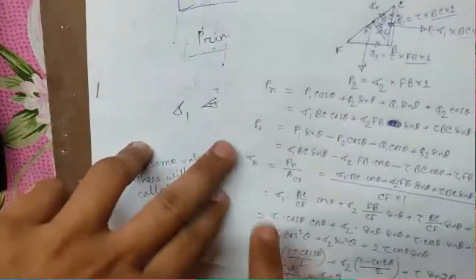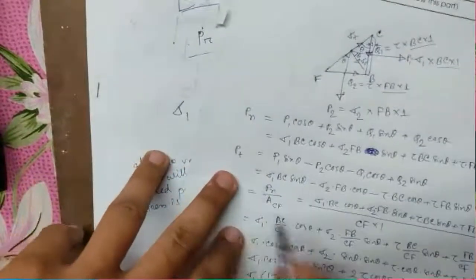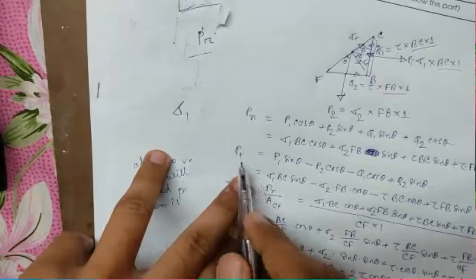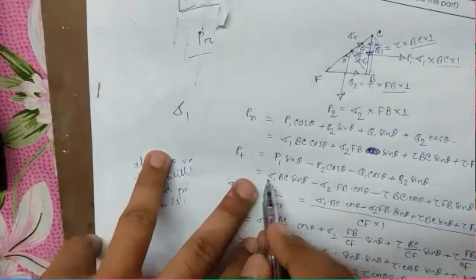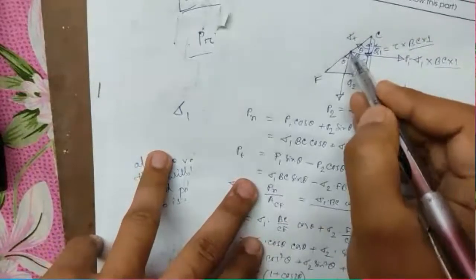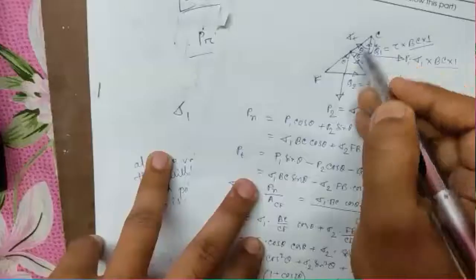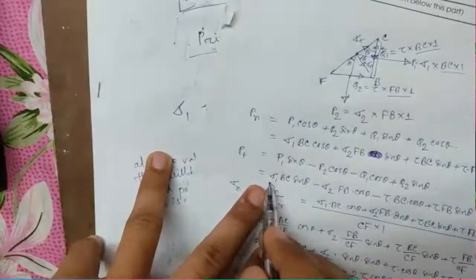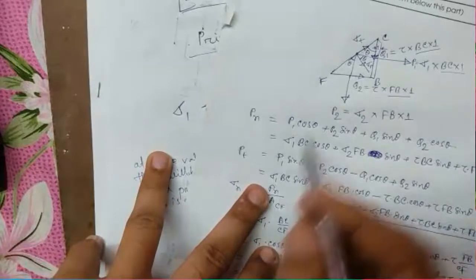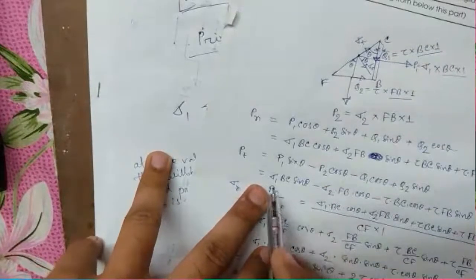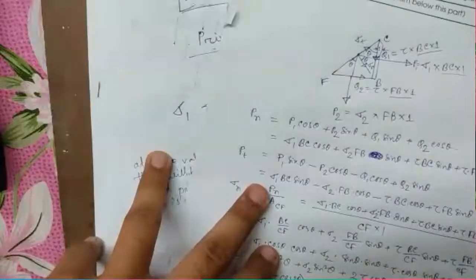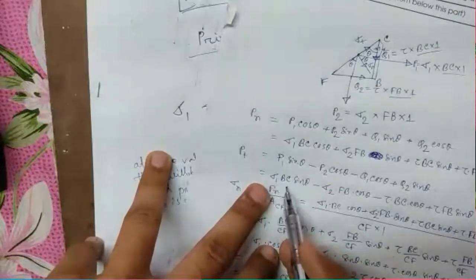Tangential stress we can find out similarly using this equation Pt. If the force is known, then along this tangential direction, you just divide this value of Pt by the area of CF, and that will give us the tangential stress.